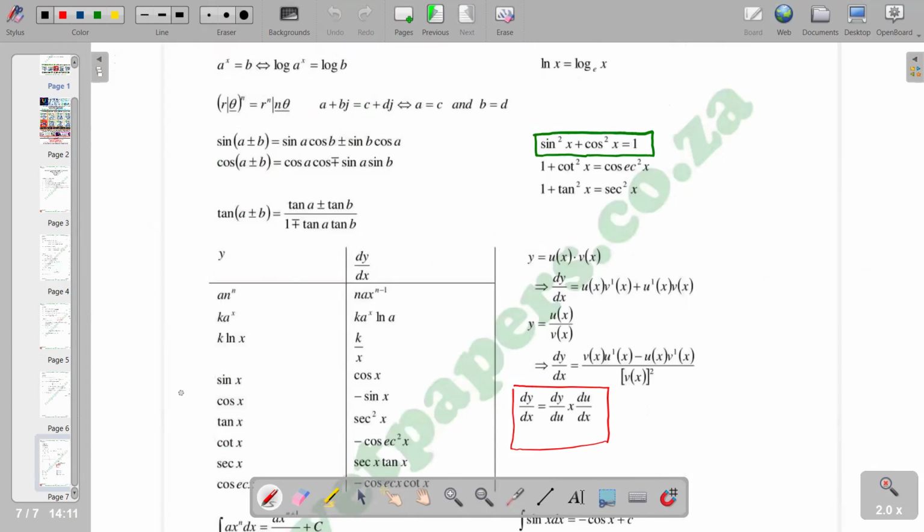They said here, if y is equal to cot x, the first derivative of cot x is negative cosec squared x. You just go with that here.